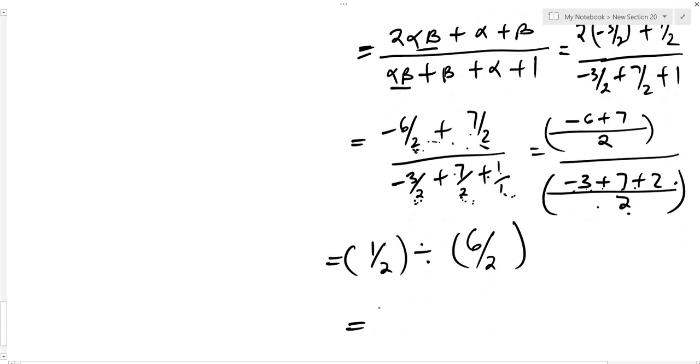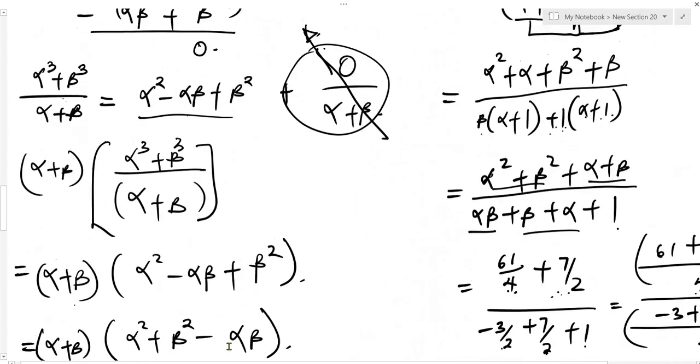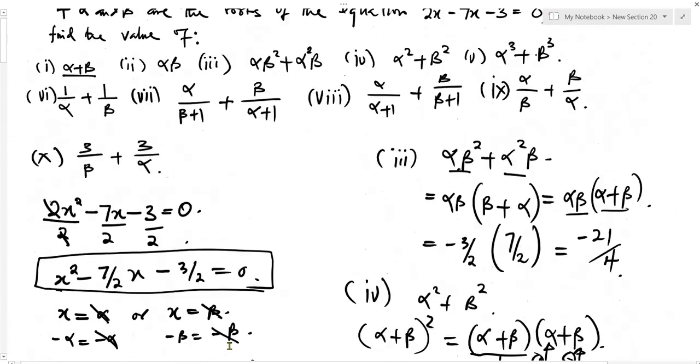So you now have 1 over 2 times, now we'll reverse this to be 2 over 6. So this cancels this, will give you 1 over 6. So 1 over 6 is the answer for that. That is VIII, so number 8.